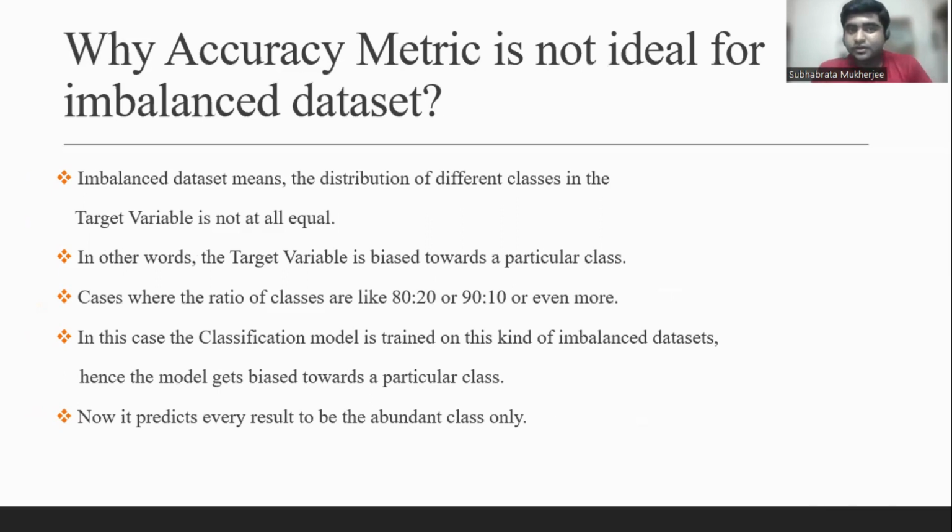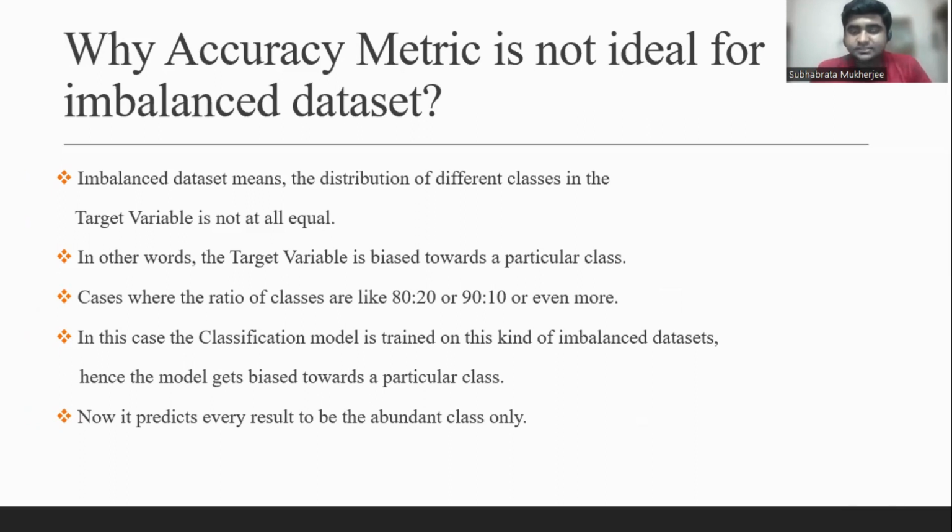So here we are. Why is the accuracy metric not ideal for an imbalanced dataset? Imbalanced dataset means, as I have already told, that the distribution of different classes in the target variable will not be equal or nearly equal. In these cases, the distribution between the classes is nearly 80-20 or 90-10 in case of binary classification.